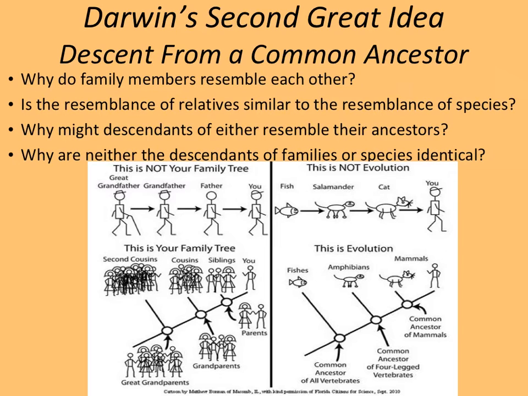Now, if we actually look at what this looks like, why do family members resemble each other? Any ideas? What do you think? Why? Genes? Okay. Does anybody in here not look like, let's say, their father? Yeah. Maybe the milkman.